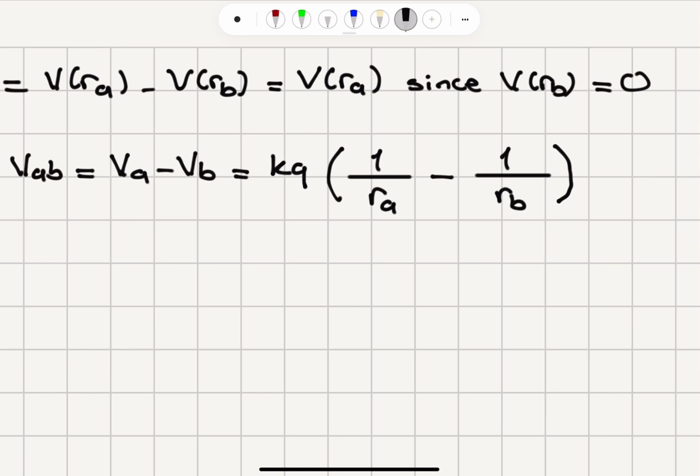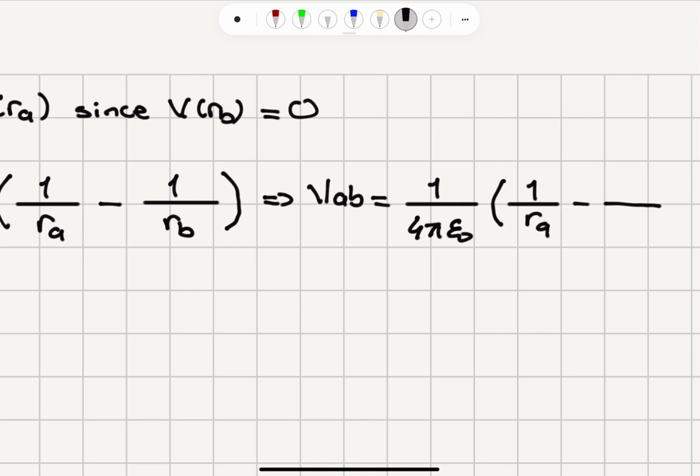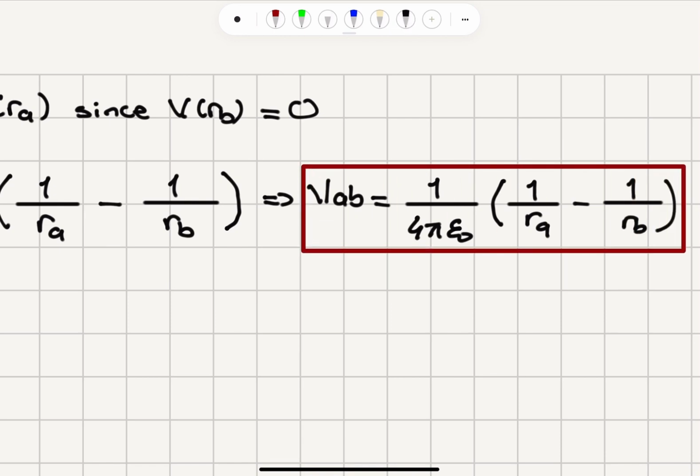All right. Now what is k? It is 1 over 4 pi epsilon 0. So this means that this potential V_AB is equal to 1 over 4 pi epsilon 0, 1 over R_A minus 1 over R sub B. And that's the suggested answer.